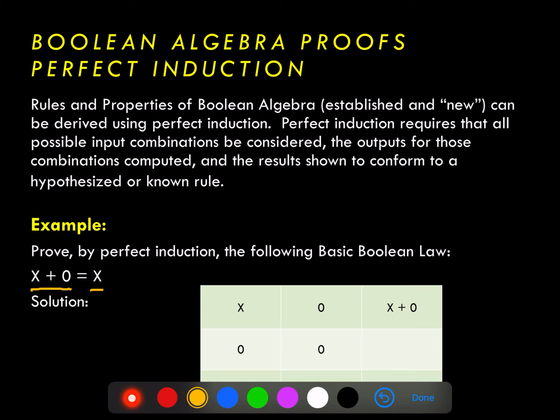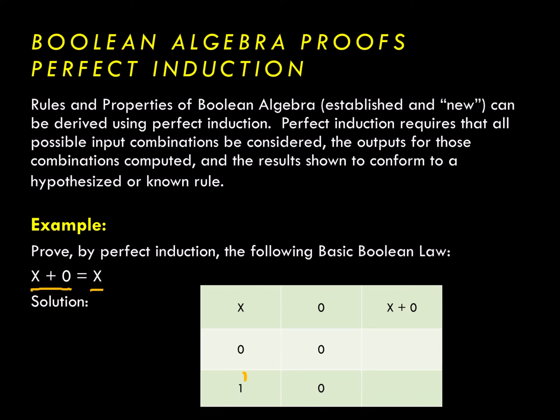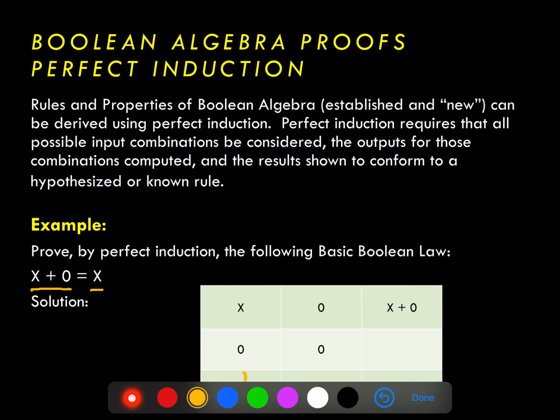In this example, there's only one input variable, so the two input combinations are 0 and 1. And in the first case, when x is equal to 0, 0 or 0 is equal to 0. And when we look at 1, what we see is that 1 or 0 is equal to 1.